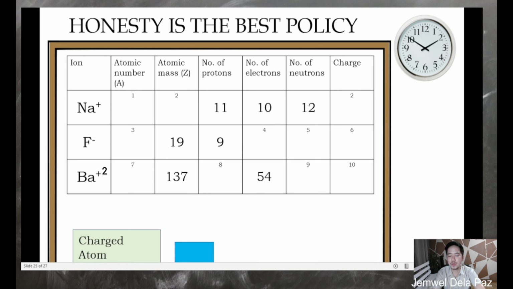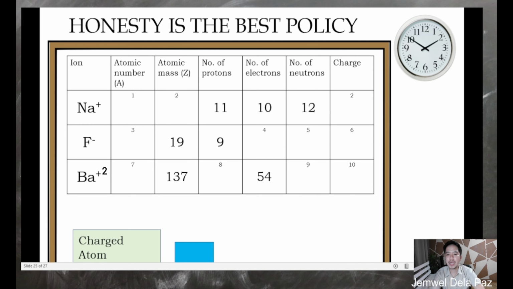Using the periodic table, you can check the other properties of these ions such as the atomic number and the atomic mass. The first sample is what we call the sodium ion. This is an ion because it either released or gained electrons. In this case, the sodium ion is a cation because it released a certain amount of electrons.